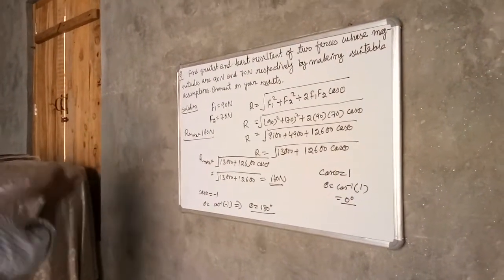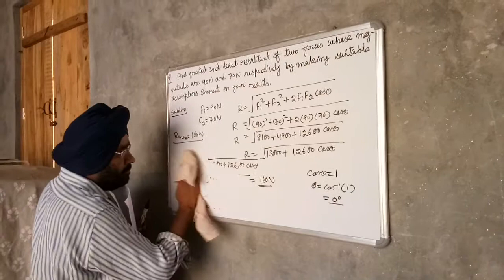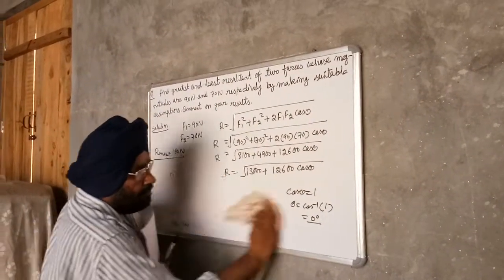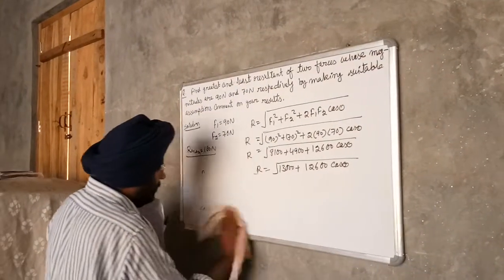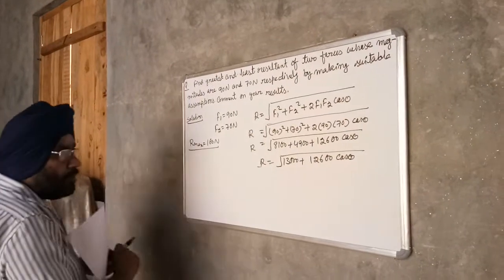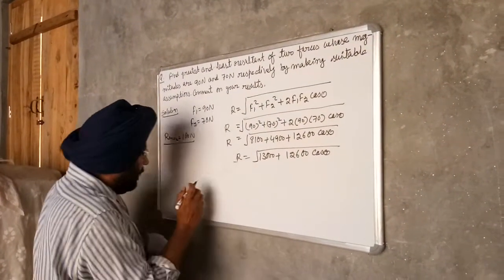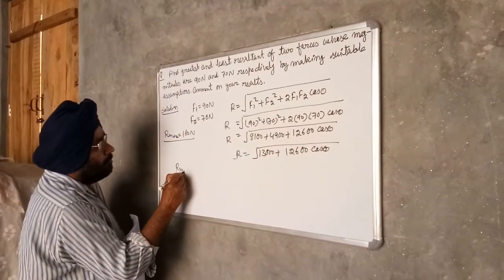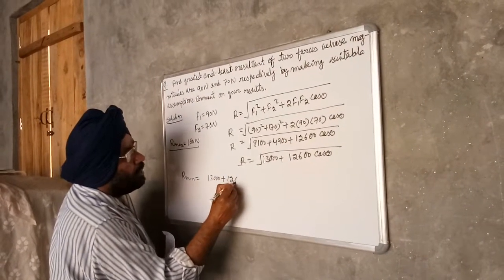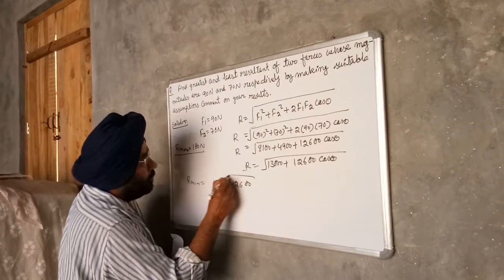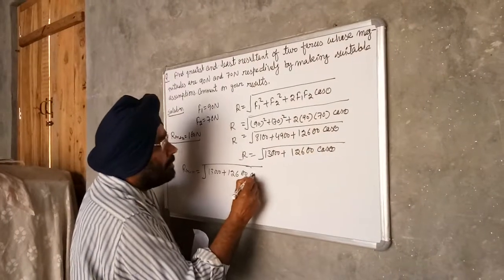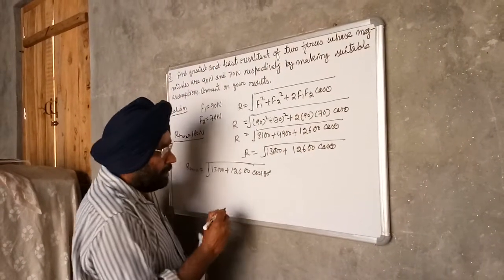Then the resultant force R minimum is the square root of 13,000 plus 12600 cos 180 degree.